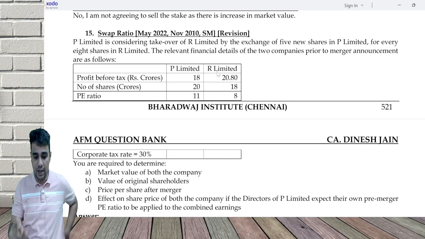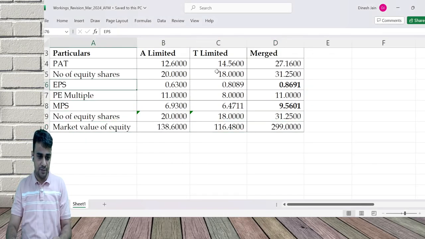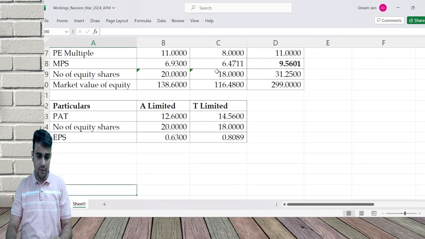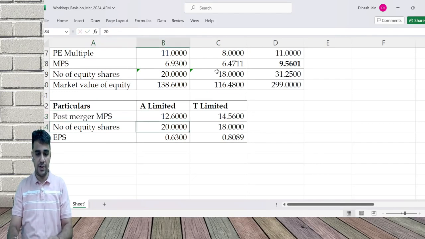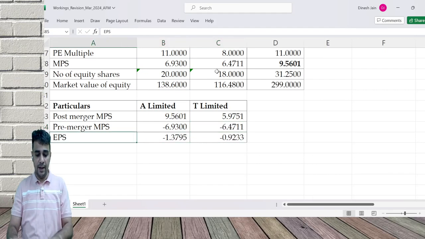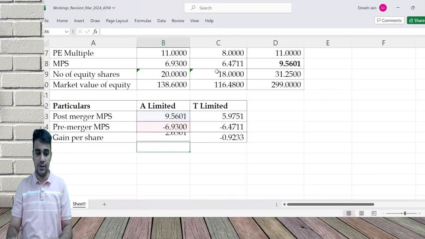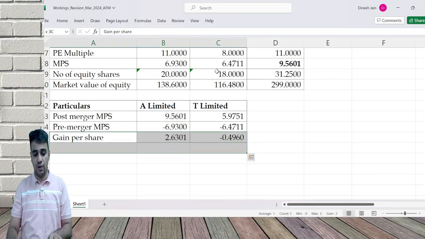For example, MPS post merger, first company is 9.56, second company is 9.56 into 5 by 8. Pre-merger 6.93 and 7. Gain per share; there is one party having a loss.